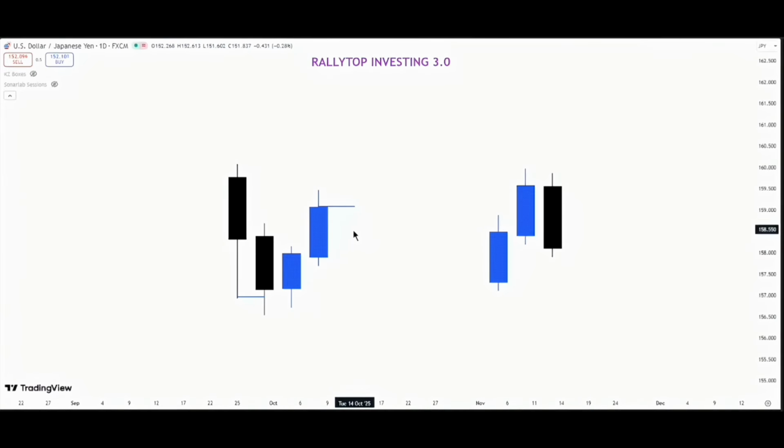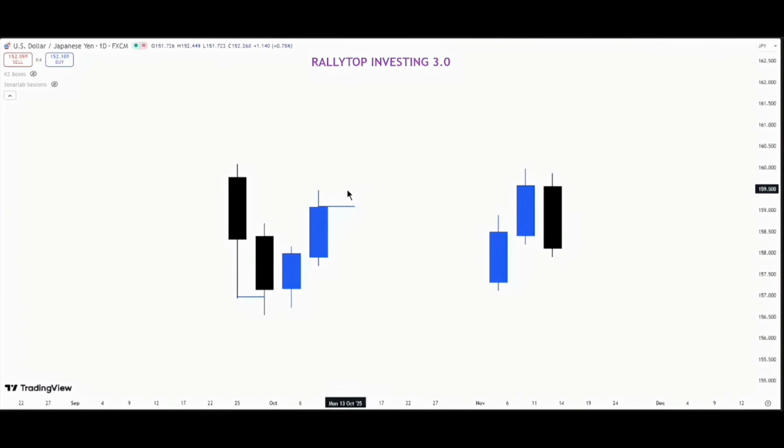What you need to do next is to switch to the 1H time frame. You want to see price trading above it, not during Asia. There is a specific time that you want to see price above this horizontal line, and that should be during the London key zone or the New York key zone.